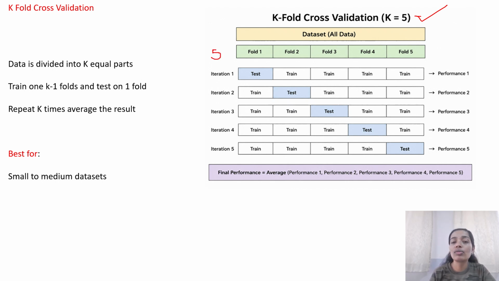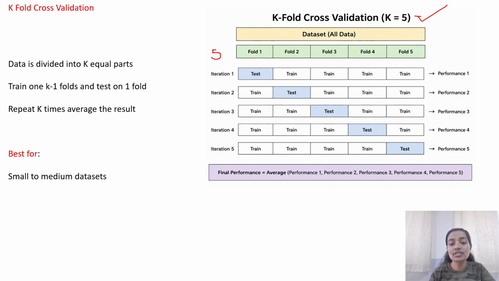In the first iteration, we will train on 4 folds and test on 1 fold. The first fold is kept for testing and the rest 4 are used to train. In the second iteration, the second fold is kept for testing and all others are kept for training.